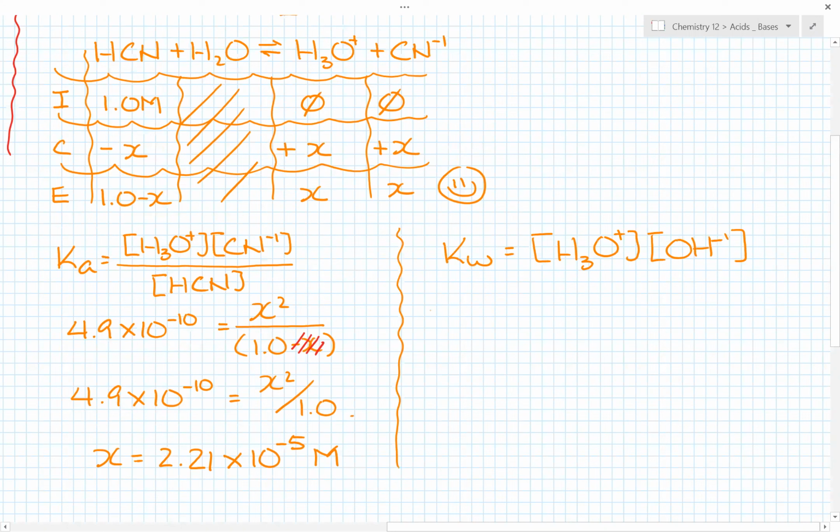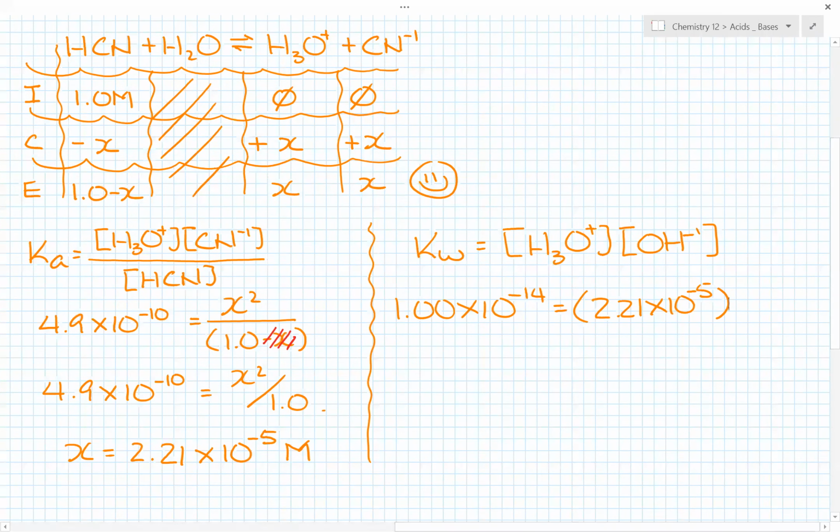So 1.00 times 10 to the negative 14 is equal to 2.21 times 10 to the negative 5 times the concentration of OH. Then solve for OH minus.